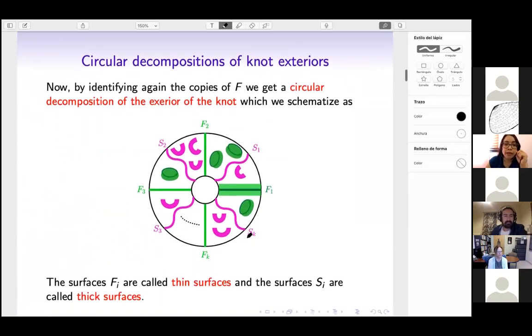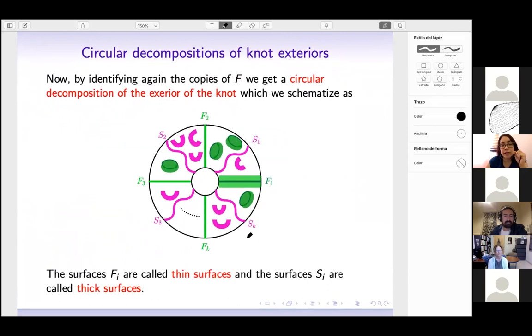Now we identify again the copies of F, and we get a circular decomposition of the exterior of the knot that we represent with this picture.